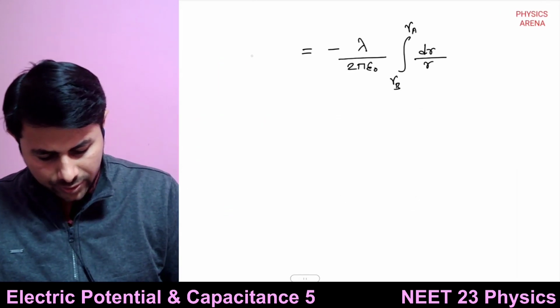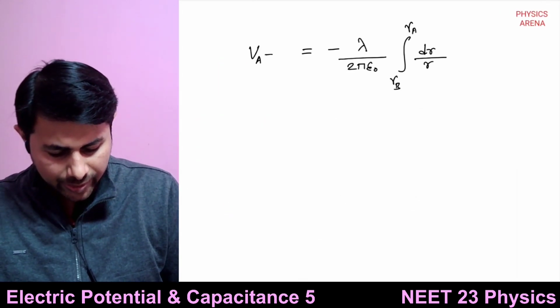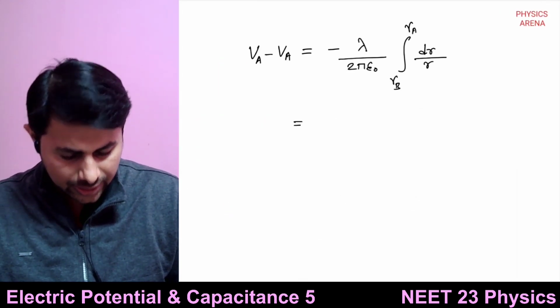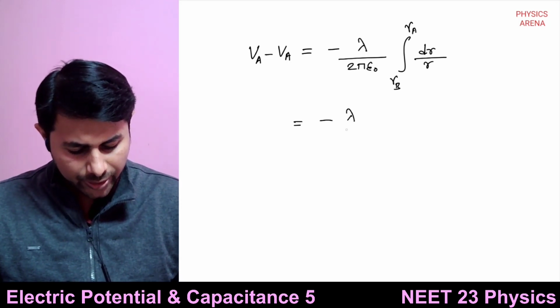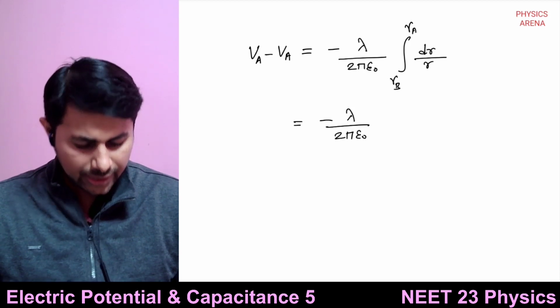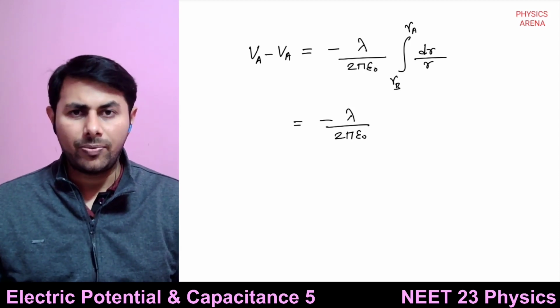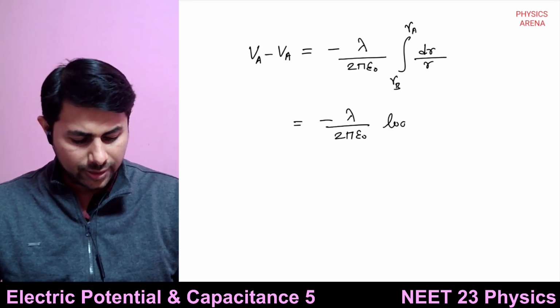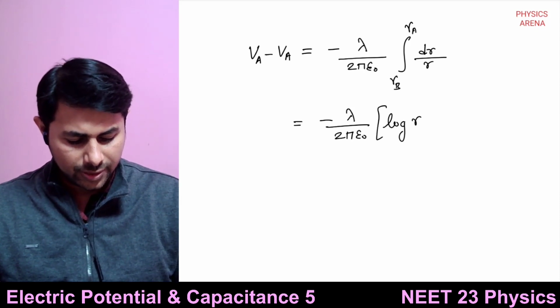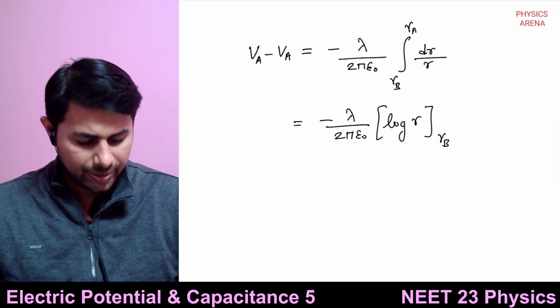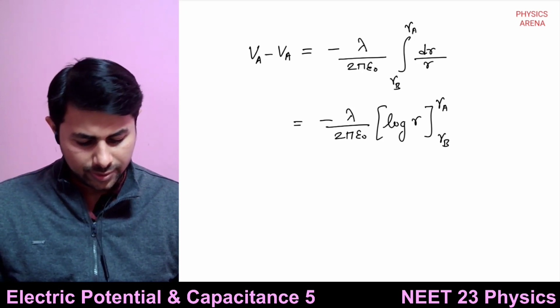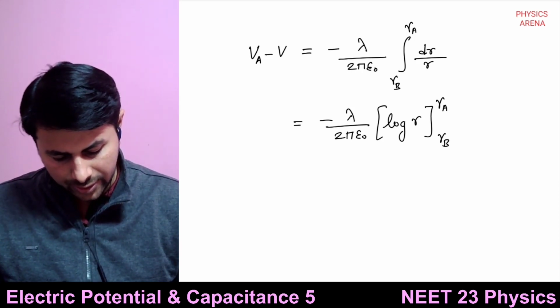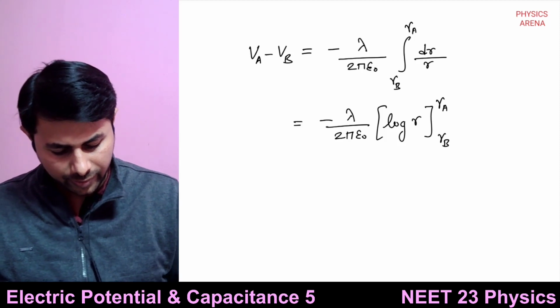On the left-hand side we will get VB minus VA, and it is equal to minus lambda upon 2 pi epsilon naught times the integral of this, which is log of r, with lower limit RB and upper limit RA. Sorry, this is VA minus VB.